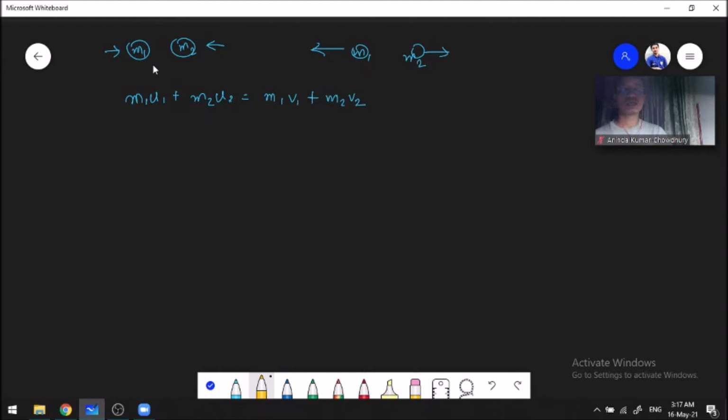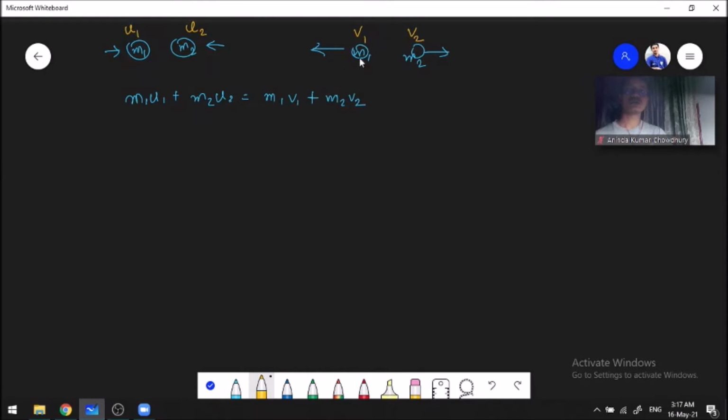However, before the collision, the velocities are the initial velocities, so the velocities will be u. The velocity of the first ball will be u1, second ball initial velocity u2. After the collision, the final velocity we represent by v usually. So v1 is the final velocity of the first ball, v2 of the second ball.